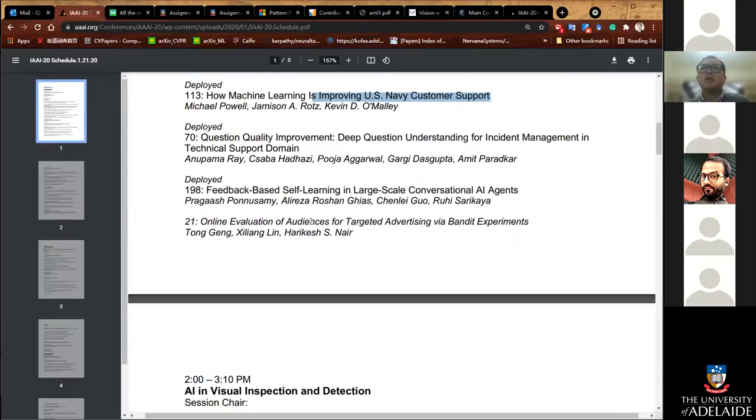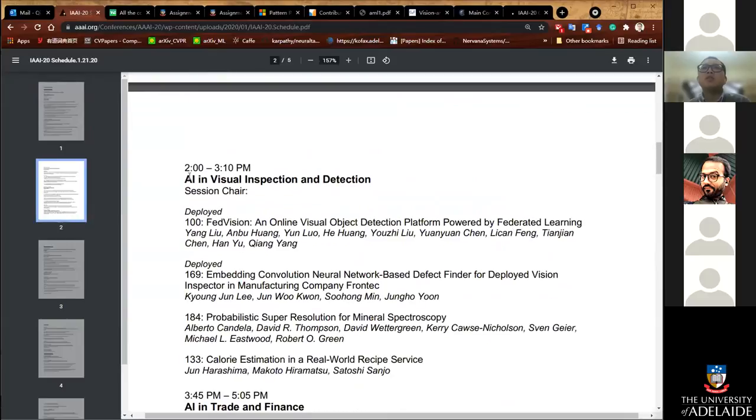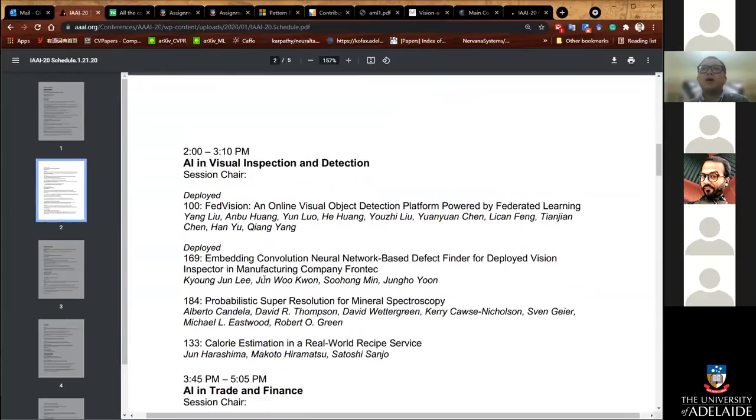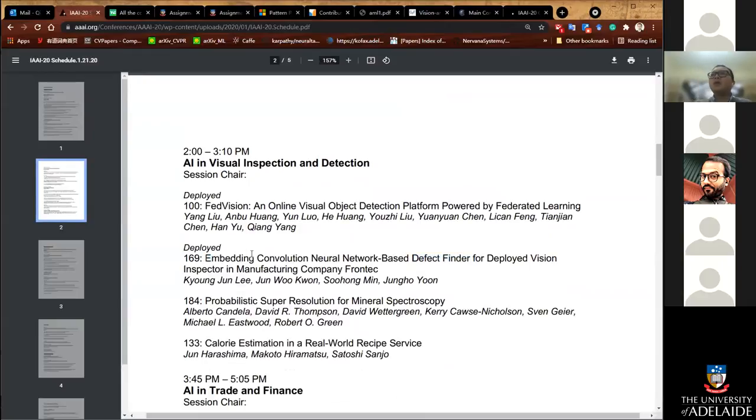Online evaluation of audiences for targeted advertising, real bandit experiments, and AI visual inspection and detection, like an online visual object detection platform and a convolutional neural network-based defect finder. This is an application, and this is a method. So basically, we expect you to have some project like this, right?